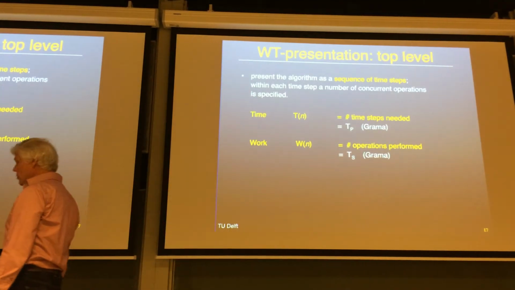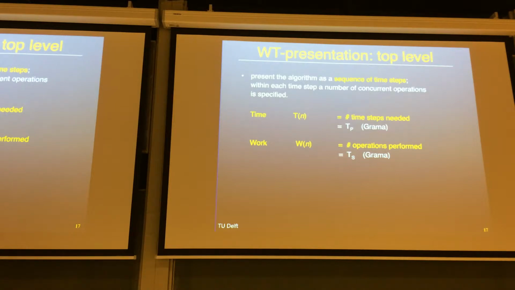Then we have the amount of work, and that's W(n). And W(n) is the amount of operations performed, the total number of operations. That makes sense, because now we have parallel time, and here we have a metric that pertains to the total number of operations performed. Well, the total number of operations has something to do with the sequential time that needs to pass.